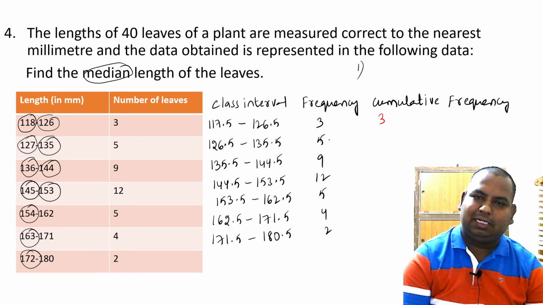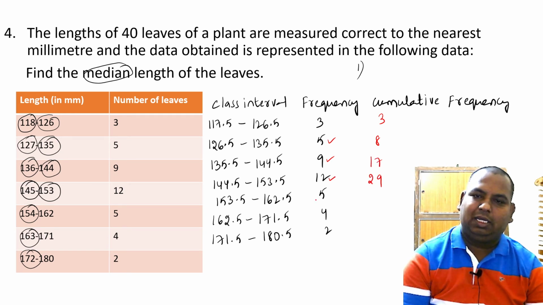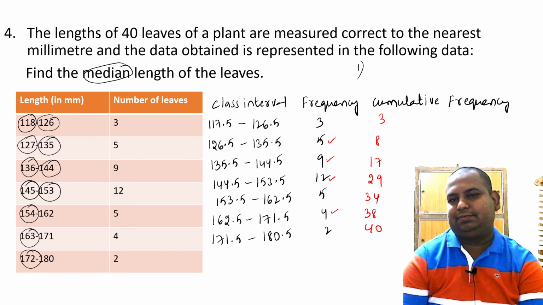Next, 3 plus 5 is 8. 8 plus 9 is 17. 17 plus 12 is 29. 29 plus 5 is 34. 34 plus 4 is 38. 38 plus 2 is 40.